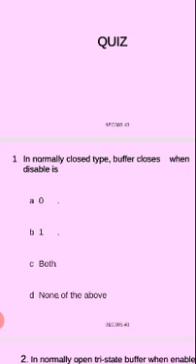Option A is 0, option B is 1, option C both, option D none. In normally closed type buffer, the buffer closes when disable is 0. A is the answer.